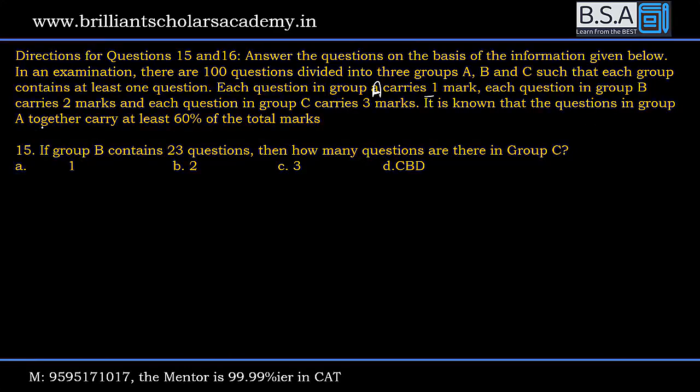Each question in group B carries 2 marks. Each question in group C carries 3 marks. It is known that questions in group A together carry at least 60% of the total marks. If group B contains 23 questions, how many questions are there in group C?